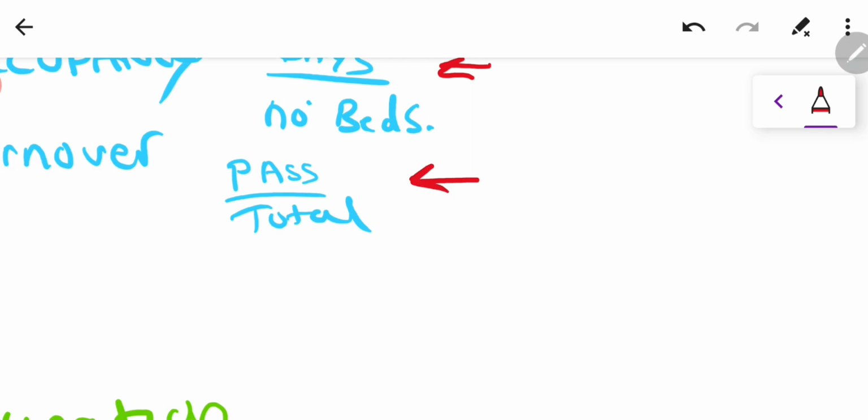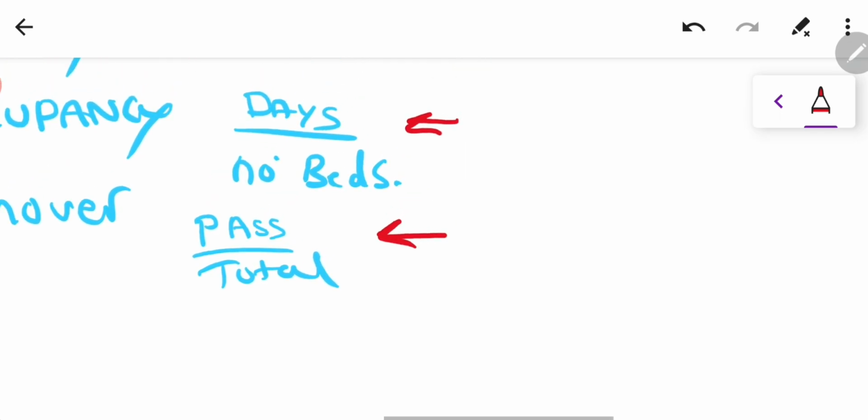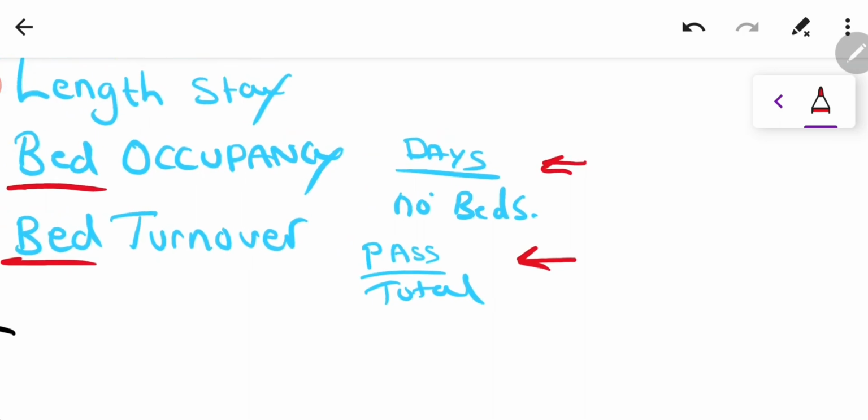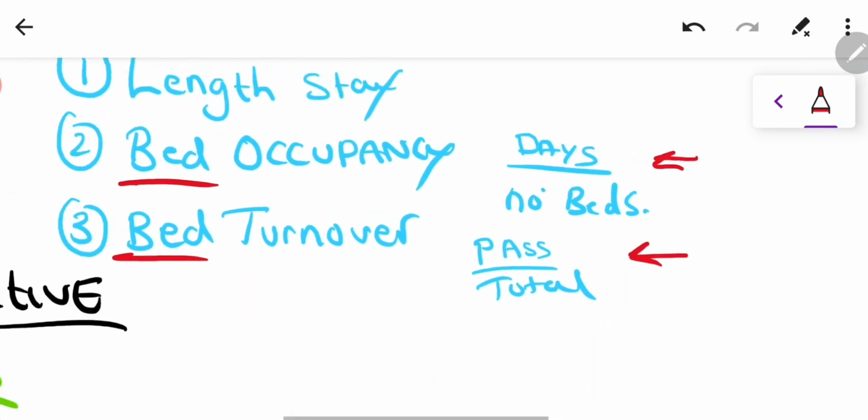I don't know what it means by passed. Maybe patients who have died over the total number of beds. I don't know.